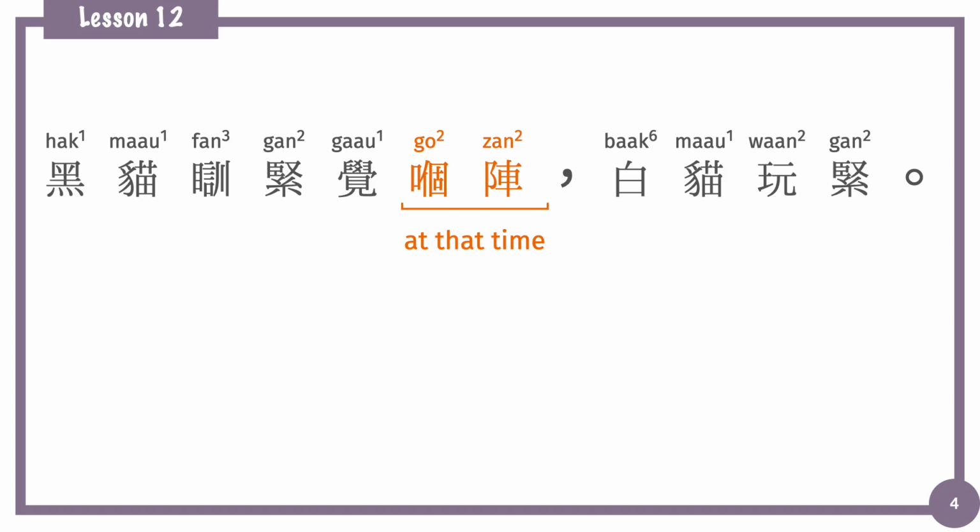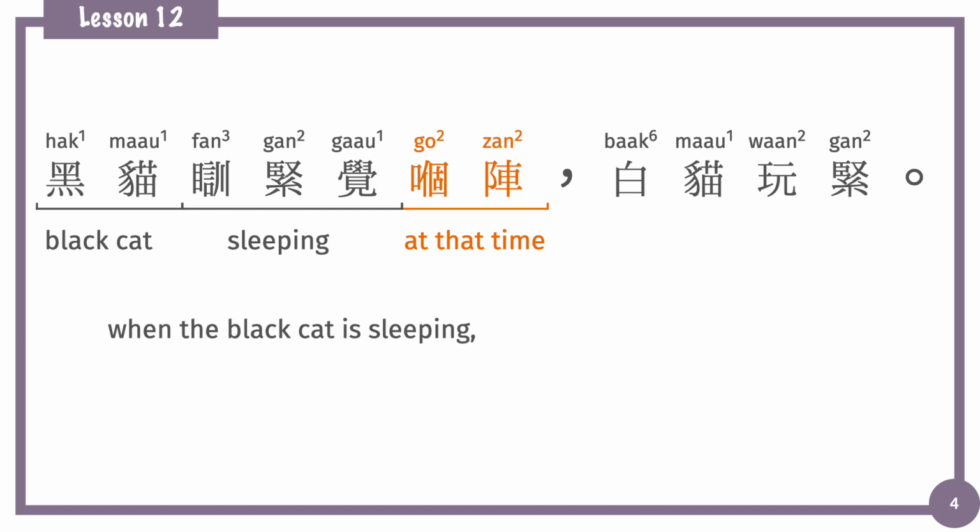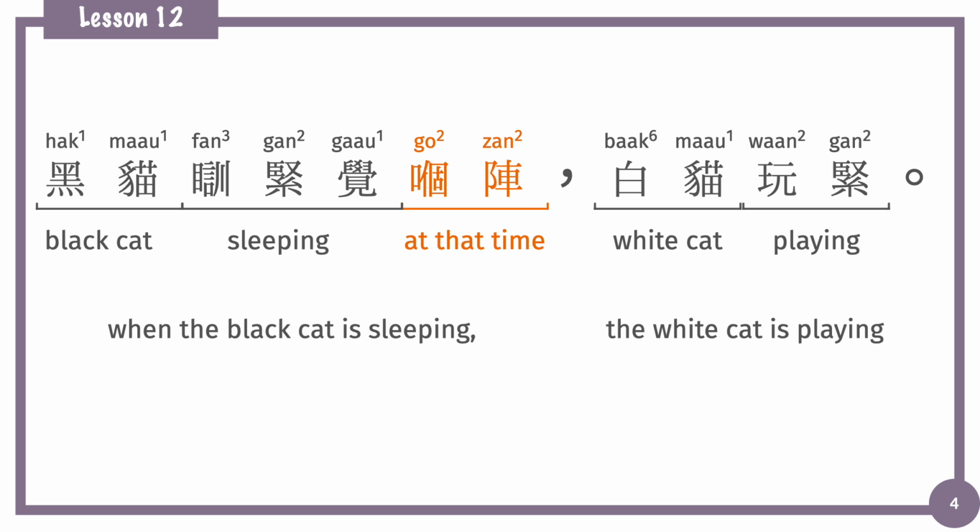Like 黑貓 means the black cat, 瞓覺 means sleep, 瞓緊覺 sleeping, 黑貓瞓緊覺嗰陣, when the black cat is sleeping, 白貓玩, the white cat plays, 玩緊, playing, the white cat is playing.